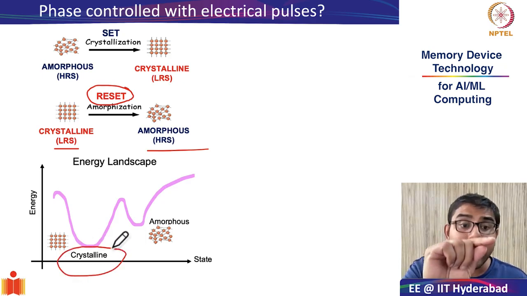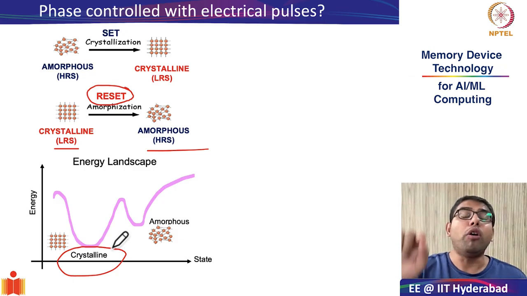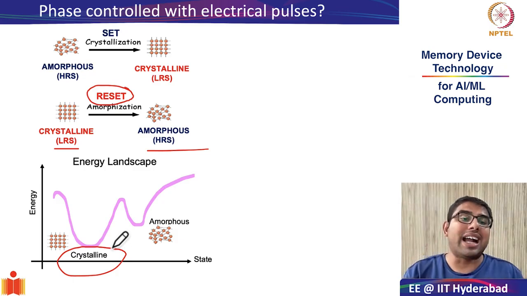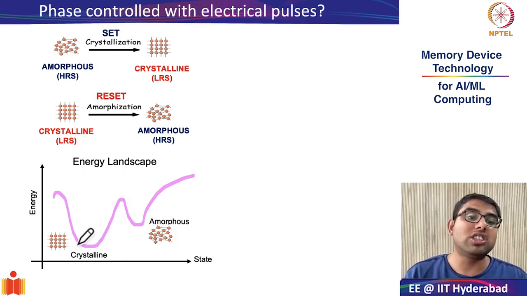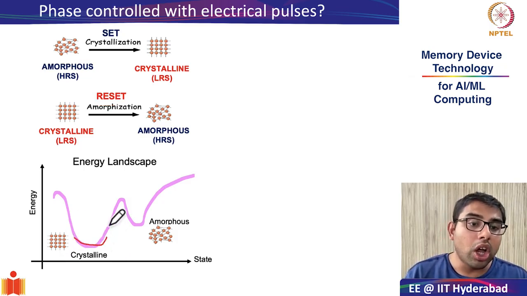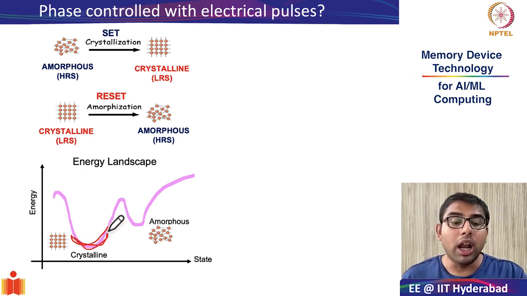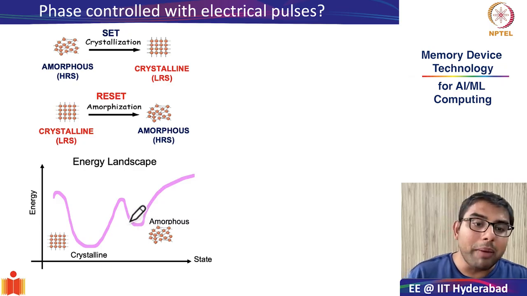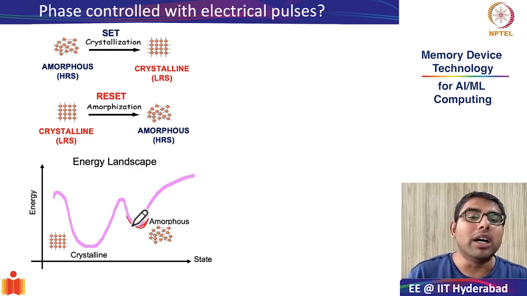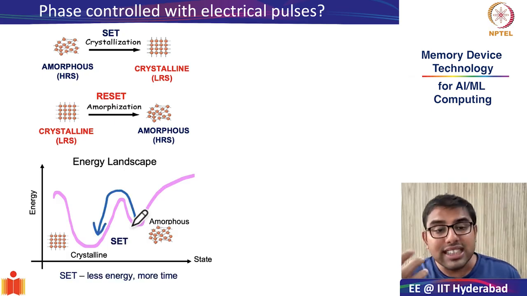Because that is the global minimum of the arrangement of atoms. That is why crystalline lattices form, and this is what is indicated in this diagram. As you can see, this is the global minima. The crystalline phase is the global minima, whereas the amorphous phase is also a minima, but it is a local minima. So with this in mind, let's try to understand the set process.